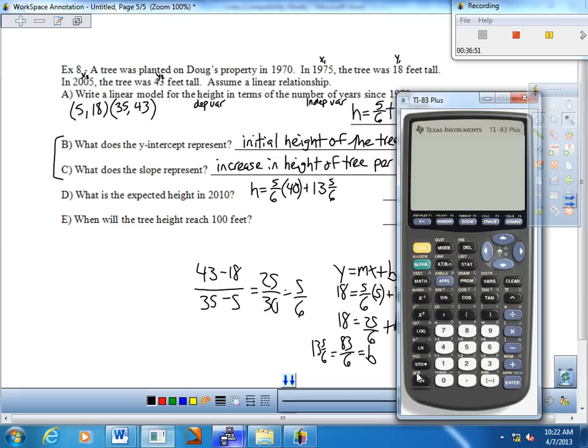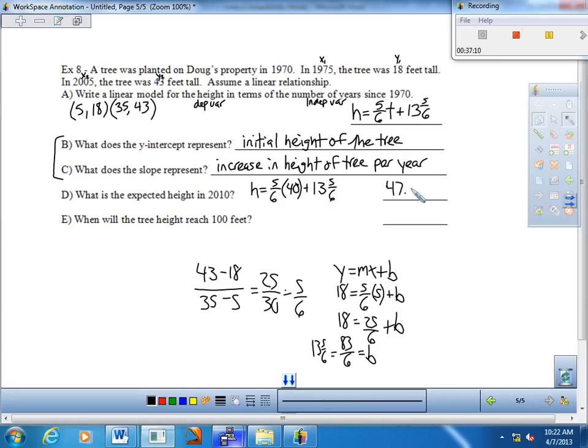Just nice and easy, 5/6 times 40, and then plus 83 divided by 6. That would be the projected height in 2010. I have 47.17, give or take. And I think this was in feet.